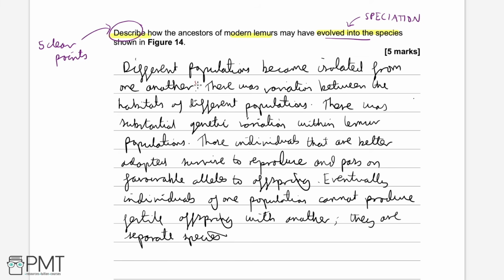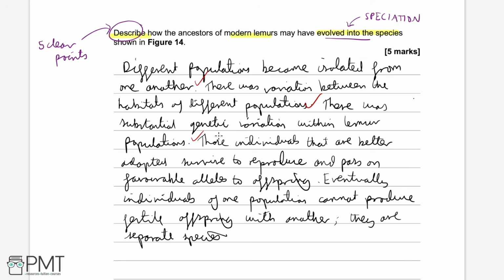So let's have a quick look at where we get the marks from this question. First of all, from stating the geographical isolation of different populations, or just the isolation is sufficient. Then stating that there was variation, first of all, 1 mark in the habitats, and second of all, another mark for the variation in genetics.